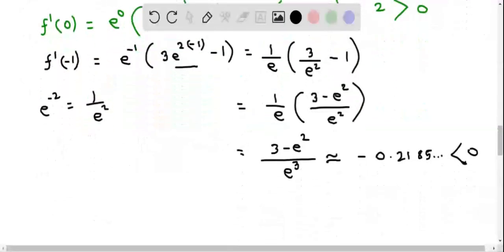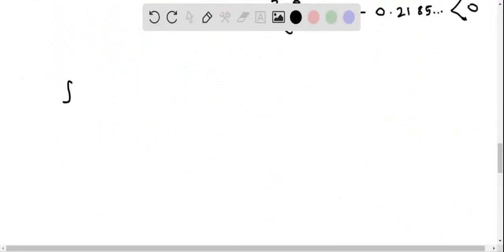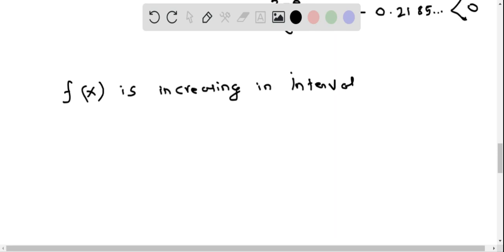So we see that the function f of x is increasing in the interval from negative 0.549306 to infinity, or we can also write down in terms of exact number.